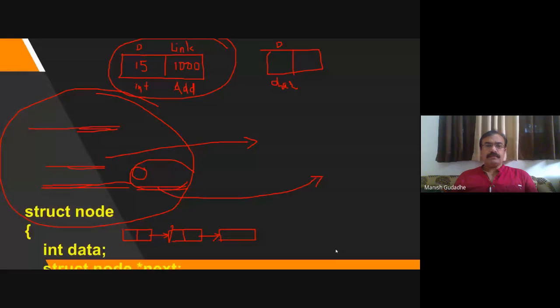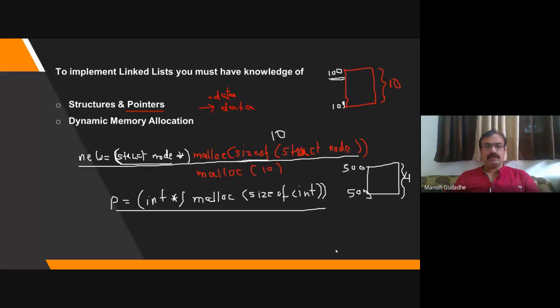In the last lecture, we have seen how the structure will be defined, what all you need to implement a linked list. We discussed that we need the knowledge of structures, structure pointers and how to access the data using structure variables and structure pointers, and importantly, dynamic memory allocation.